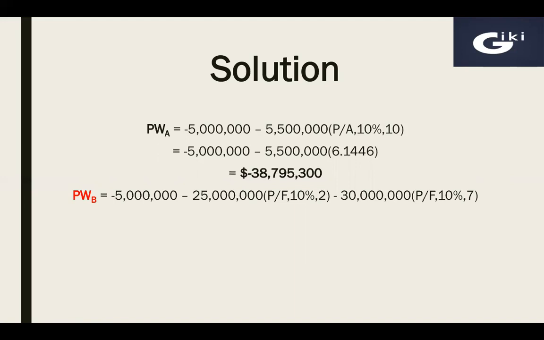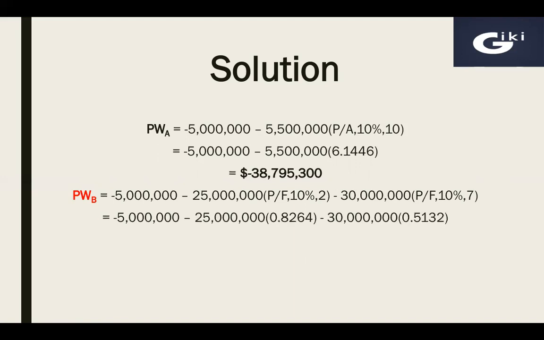So this is also a single amount and we need to convert it to time 0. So we'll use P over F factor for 10% and 7 years. Factor values are 0.8264 and 0.5132 respectively. Then the present worth of project B will be minus $41.056 million.